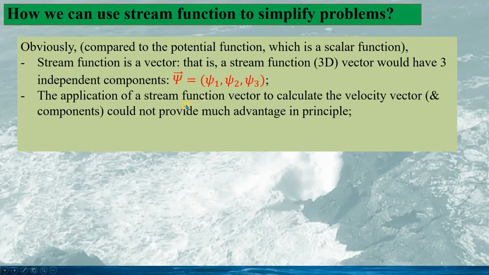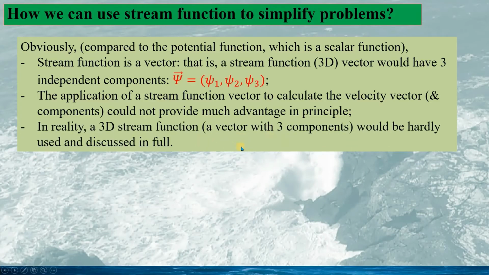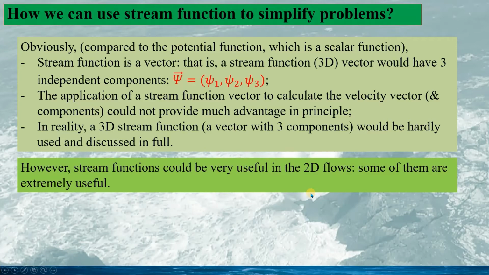So the application of the stream function vector to calculate the velocity vectors and the components would not provide much advantage in principle. In reality, the 3D stream function would hardly be used and discussed. However, the stream function could be very useful in the 2D flows, and some of them are extremely useful. We will see in the following slide.